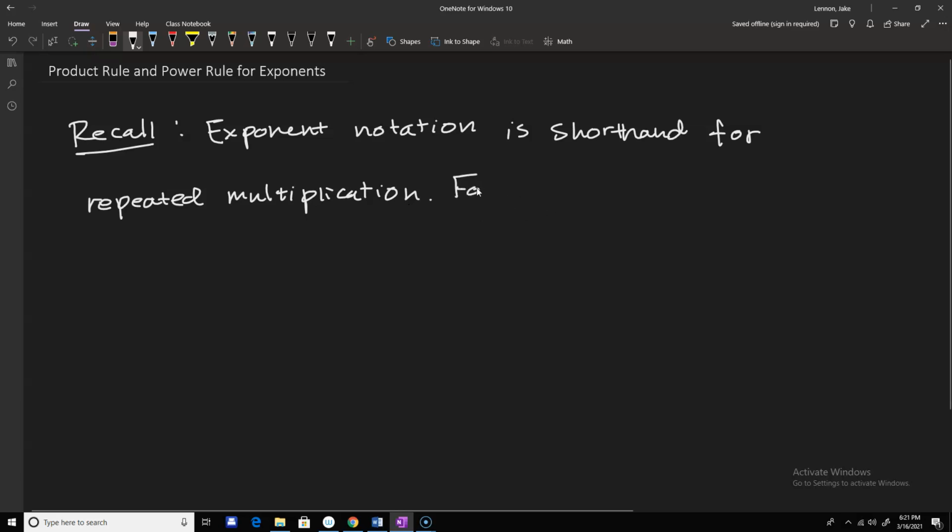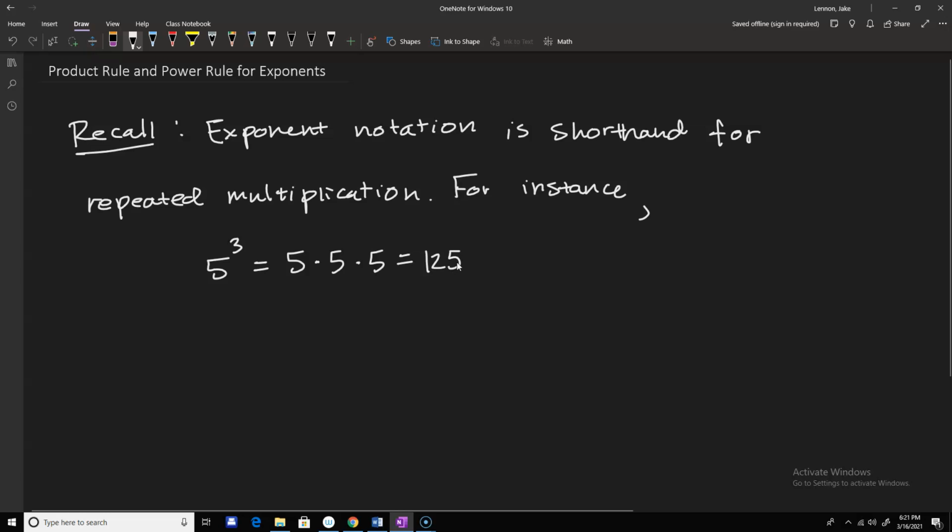For instance, let's say 5 to the third power would be 5 times 5 times 5, which is 125. So that's a much more compact way to write it.